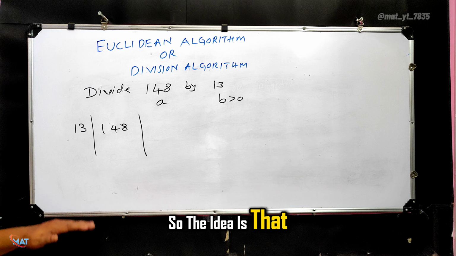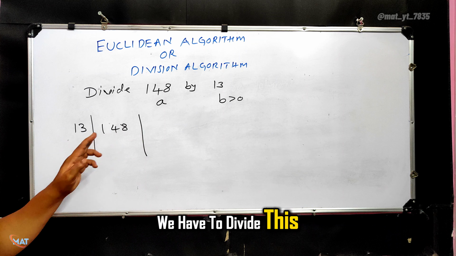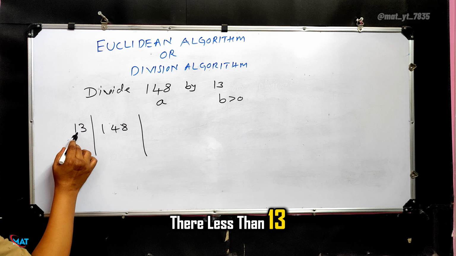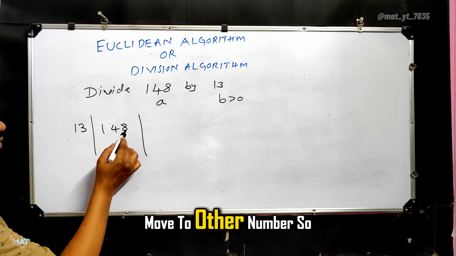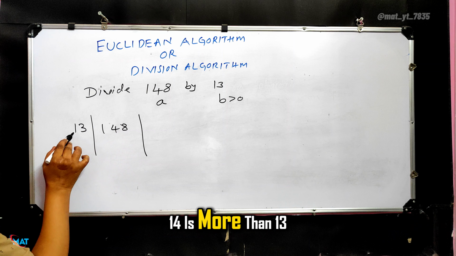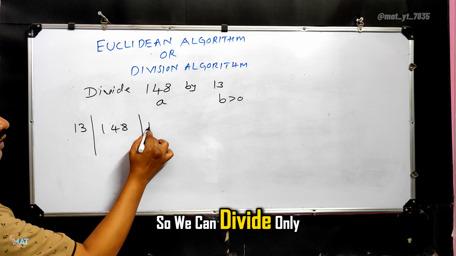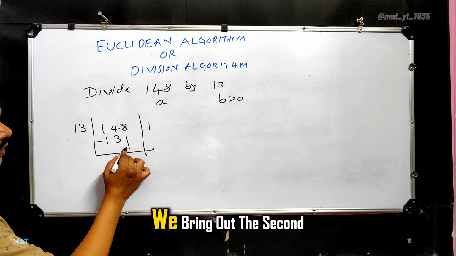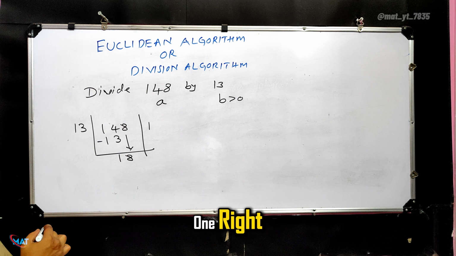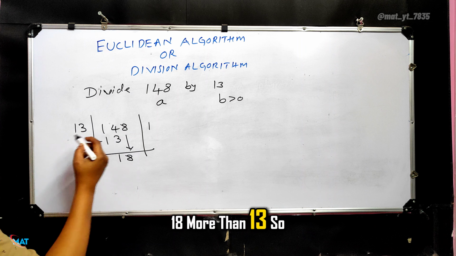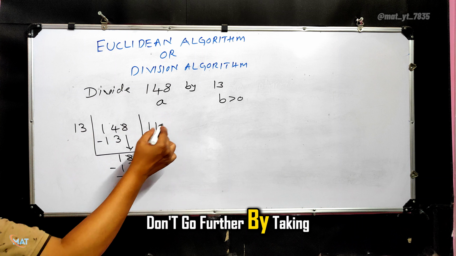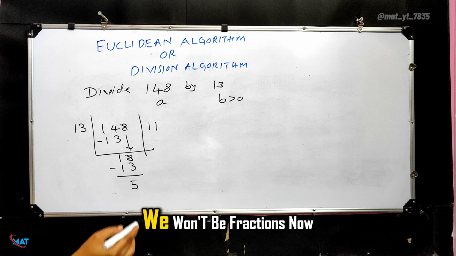First, one number is there, less than 13, you can't choose, so move to the next number, 14. 14 is more than 13, so it goes only one time. It's a very simple division. We get 1 as a remainder. We bring down the second one, 18, more than 13, so again one time it goes. Don't go further by taking decimals, because in integers we won't have fractions.